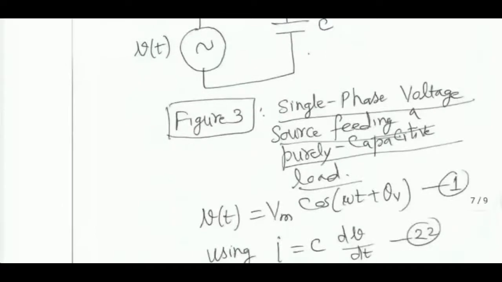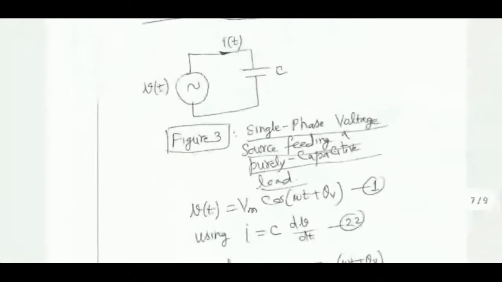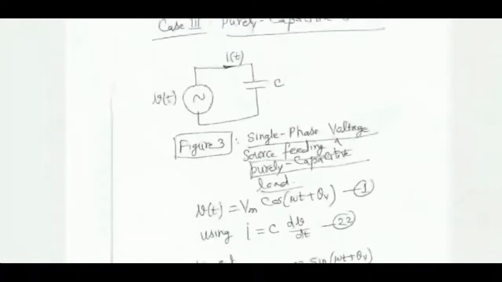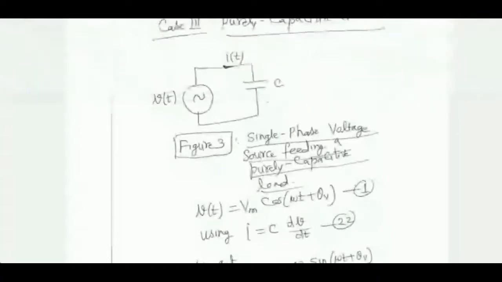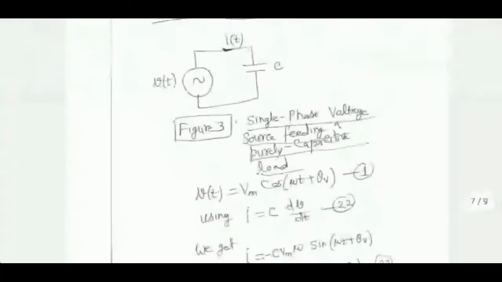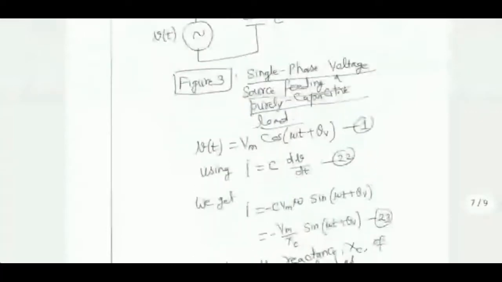Results are slightly different. This time around, I'm going to be using equation 22, which is the well-known formula connecting the current in the capacitor and voltage across the capacitor in the time domain. Small v is already known as equation 1.